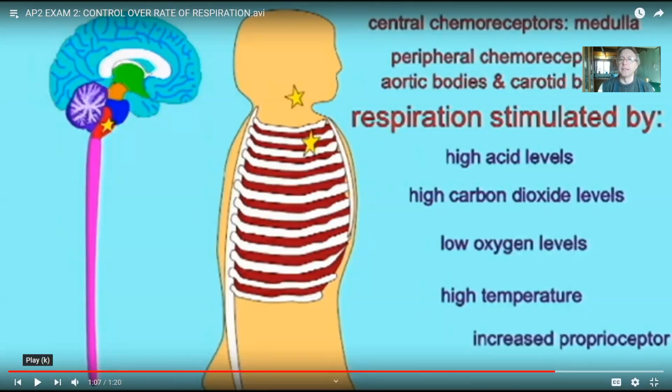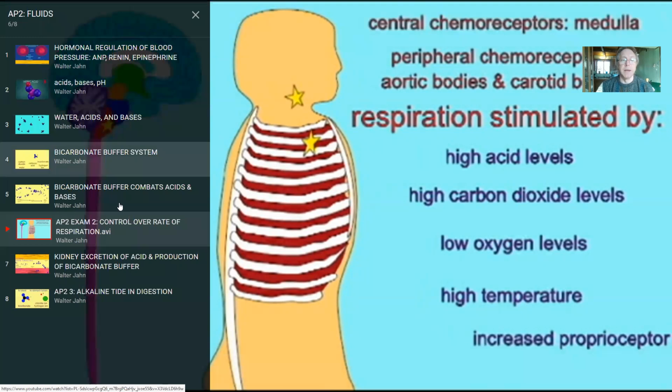And so under that condition, I would simply breathe less. I wouldn't breathe frequently and deeply. And so low acid levels, instead of stimulating increased respiration, would cause a decrease in respiration. And so our second mechanism is that we change the rate of respiration.